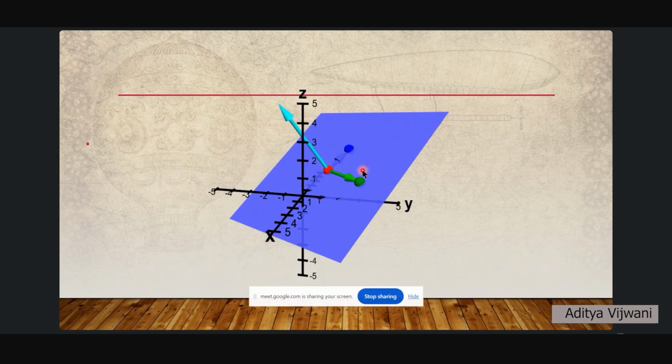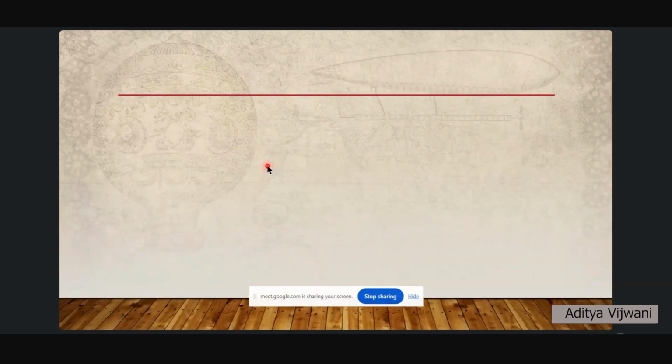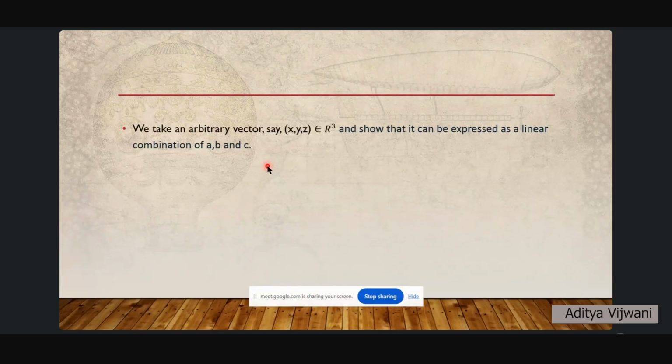Similarly, changing alpha, beta, and gamma will give scalar multiples of C. Changing the scalar multiples, I can get planes parallel to this, sorry, lines parallel to the lines, as we saw in the case of R2. So that was spanning the whole of R2. So here, if I take a vector C which is not on this blue plane passing through origin, then we have a feeling that it spans R3.